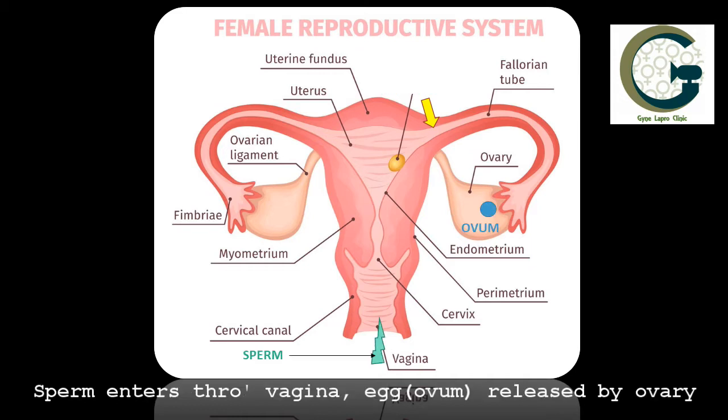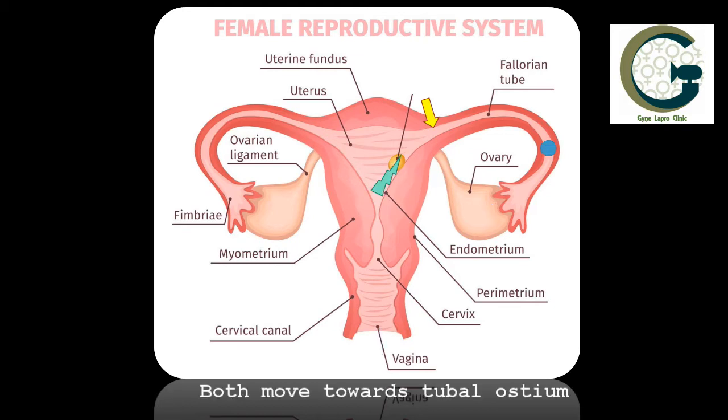Normally, during the process of intercourse, the sperm enters through the vagina and the egg or the ovum is released by the ovary. The ovum then travels through the fallopian tube and the sperm travels through the uterus until finally both of them meet inside the fallopian tube at a point somewhere close to the tubal ostium.